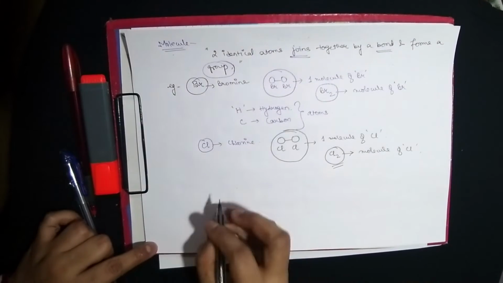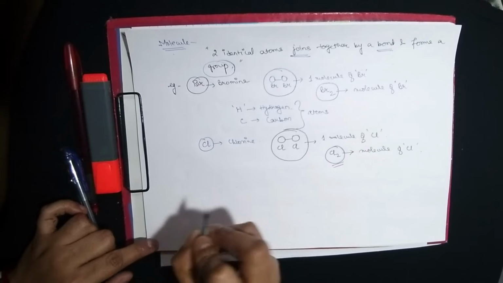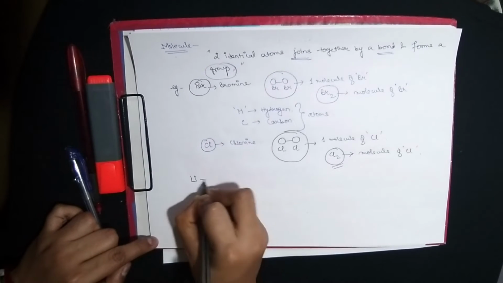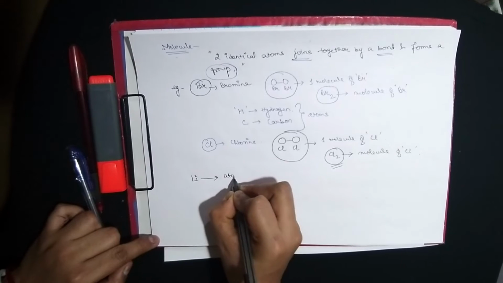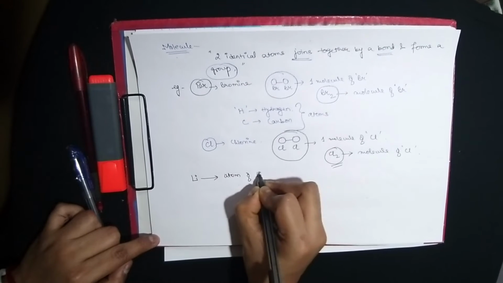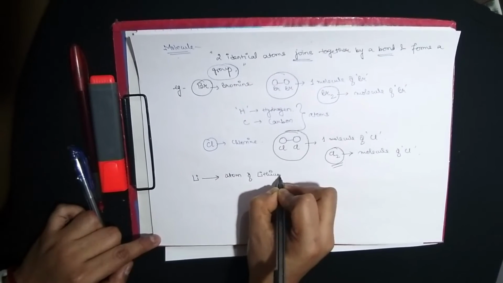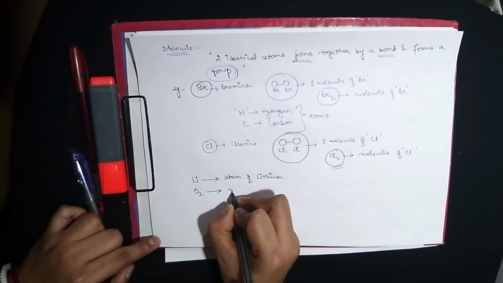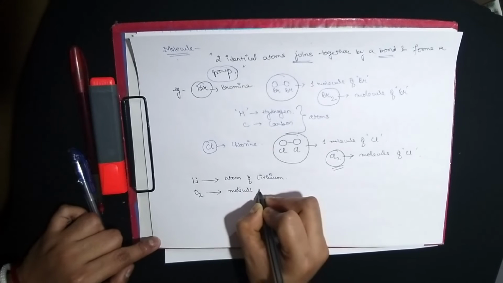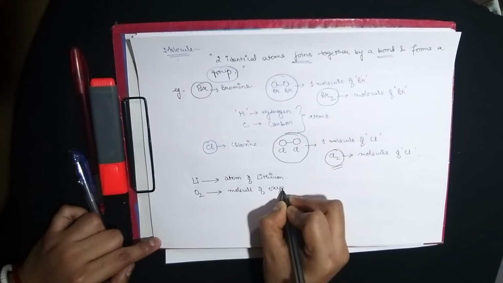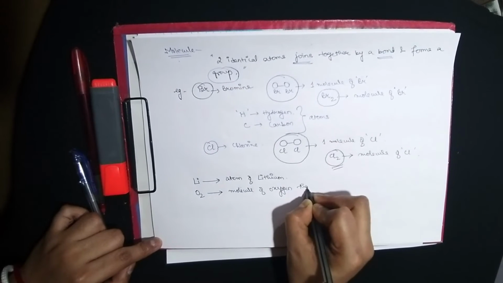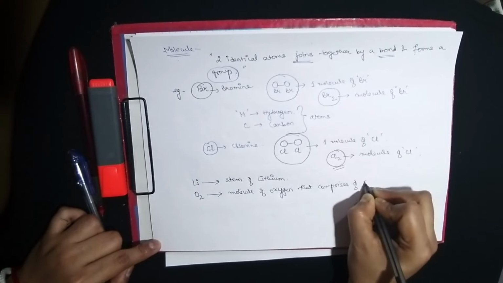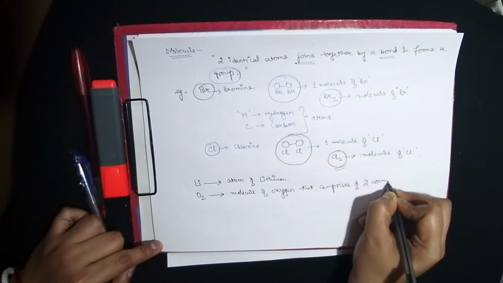So if I give you a symbol Li, that means it's an atom of lithium. But when I'm writing O2, that means it's a molecule of oxygen that comprises two atoms of oxygen.